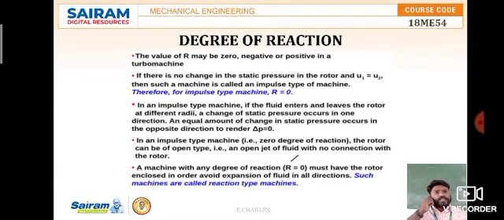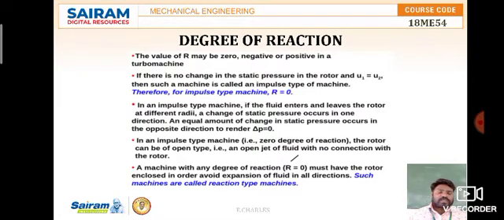Now coming to the degree of reaction, there are different conditions. R may be 0, negative or positive in a turbo machine. If there is no change in the static pressure in the rotor and U1 is equal to U2, then such a machine is called an impulse type machine.